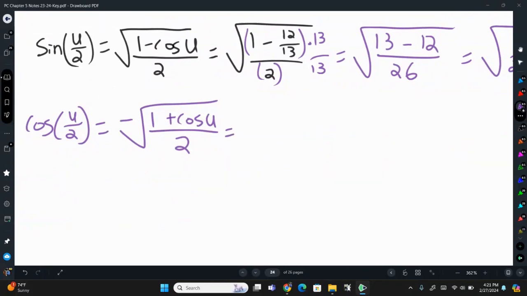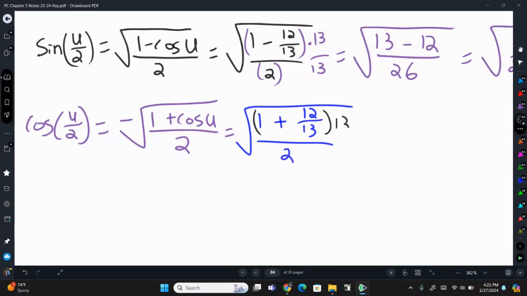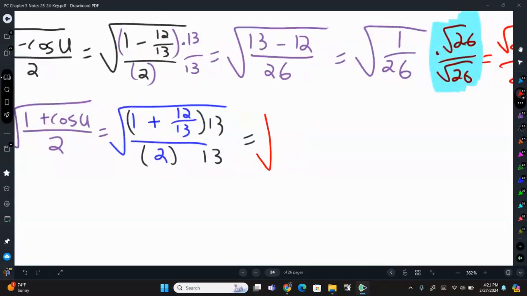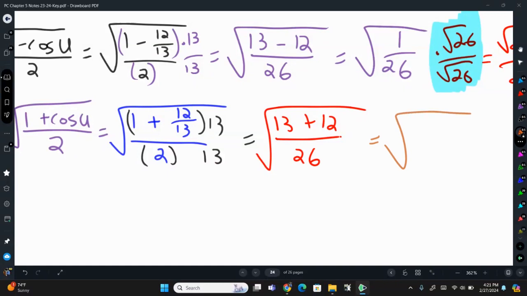So then this is equal to the square root of 1 plus 12 over 13, because that's the cosine of u. Multiply the top and bottom by 13 again. This will get us the square root of 13 plus 12 over 26. Last time I checked, 13 plus 12 is 25.